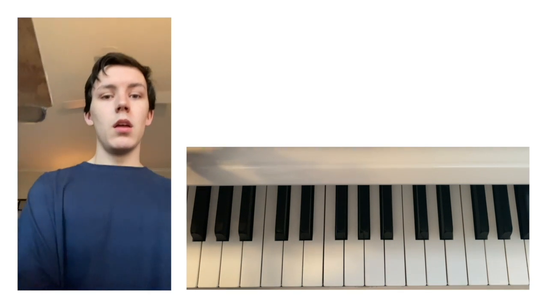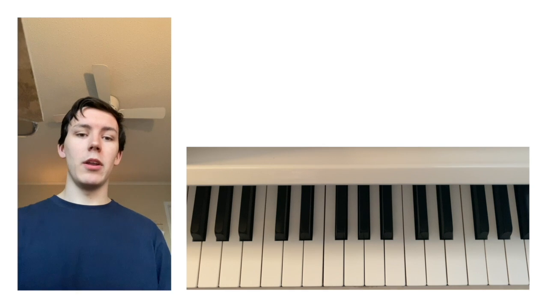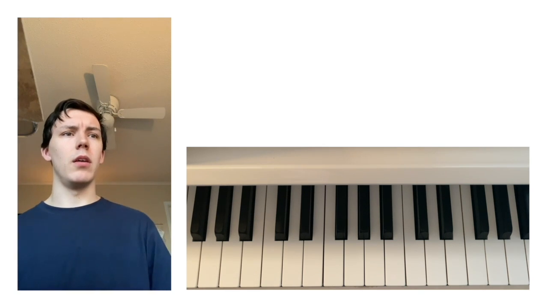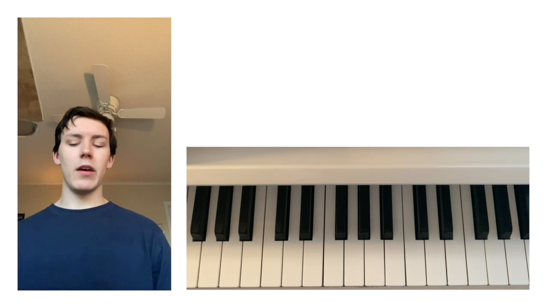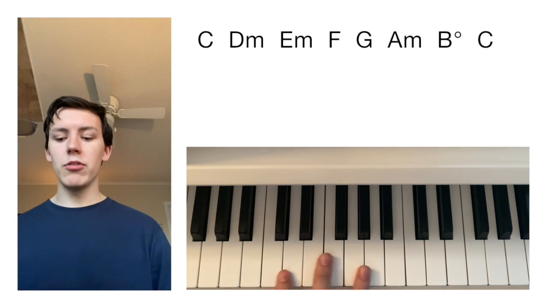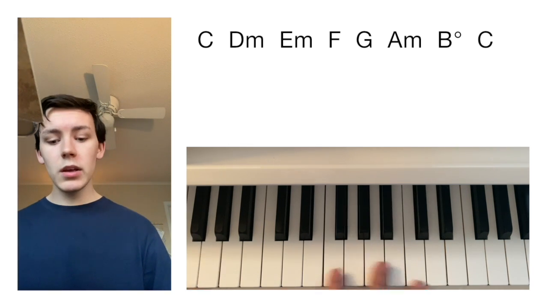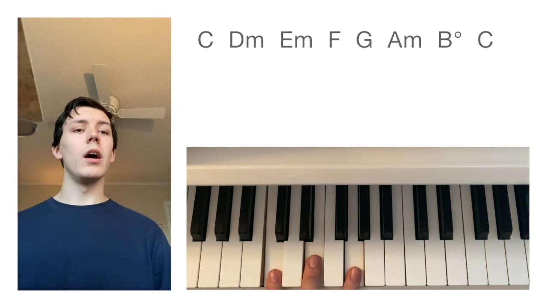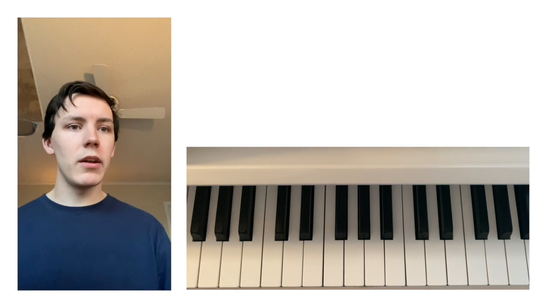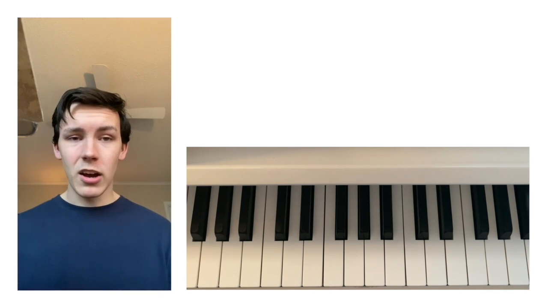Now, where this gets really useful is when we apply the number system to chords in a major scale. For example, in C major, the chords in that scale are C major, D minor, E minor, F major, G major, A minor, B diminished, C major. The diminished thing doesn't really matter. It's just a weird type of chord that's not really major or minor, and it's not used very often.